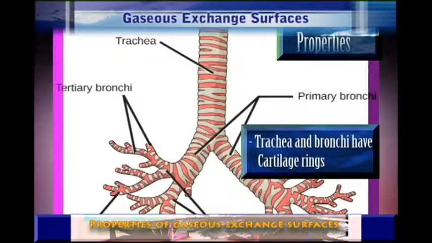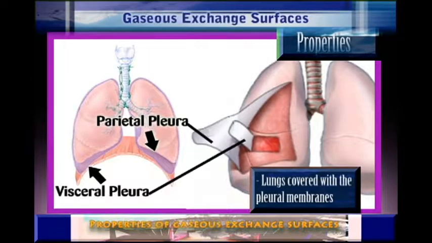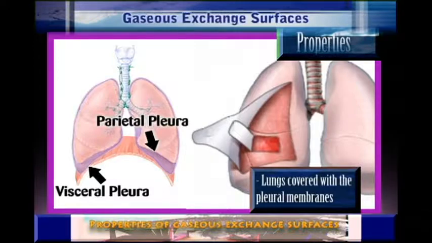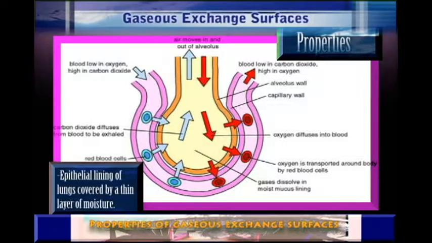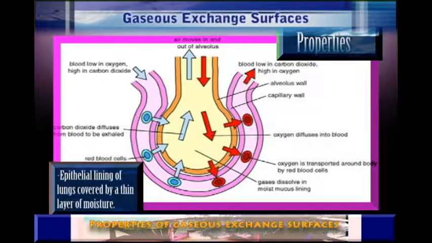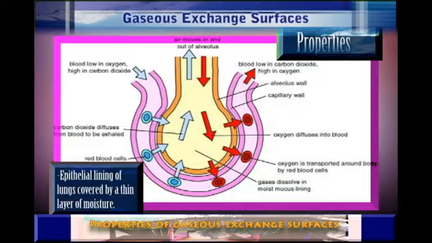We have seen that the lungs are covered with the pleural membrane which prevents mechanical damage to the lungs. We have seen that the epithelial lining of the lungs has a thin layer of moisture covering it, which facilitates the dissolving of oxygen for easy diffusion.